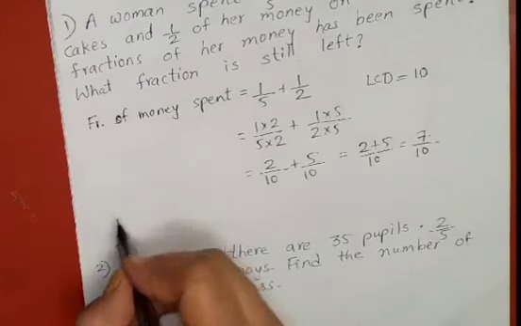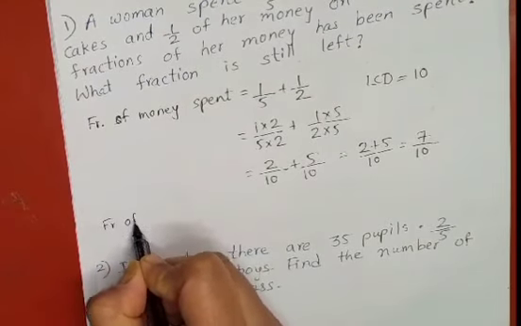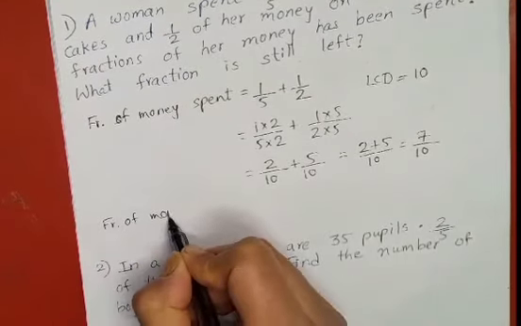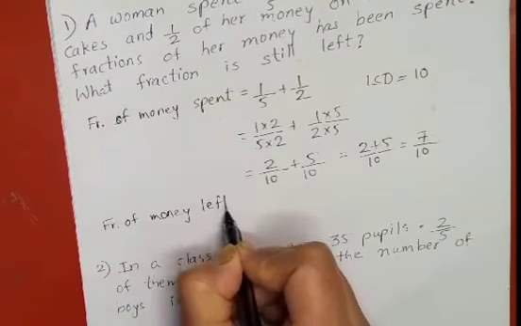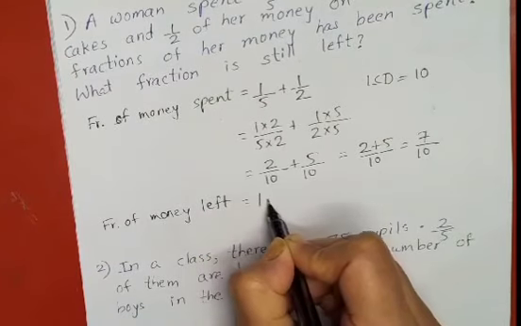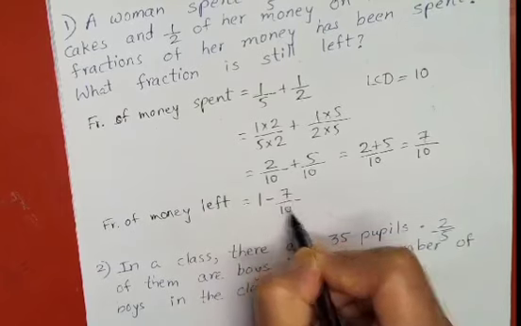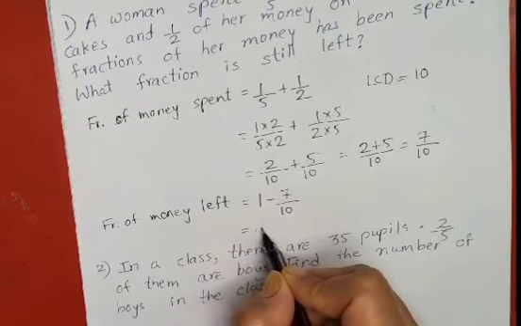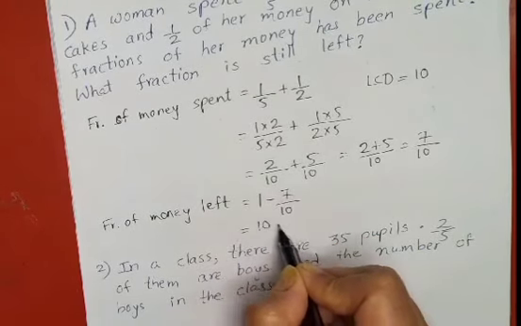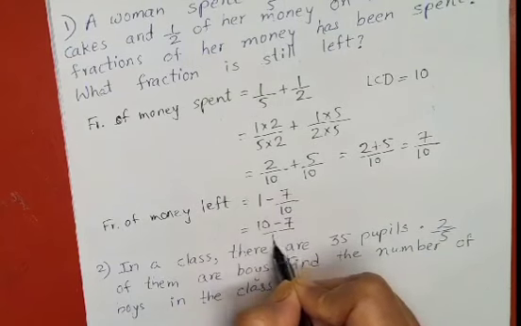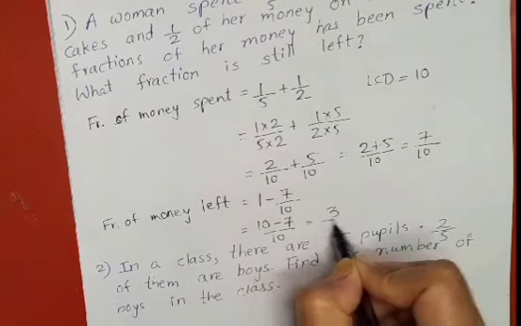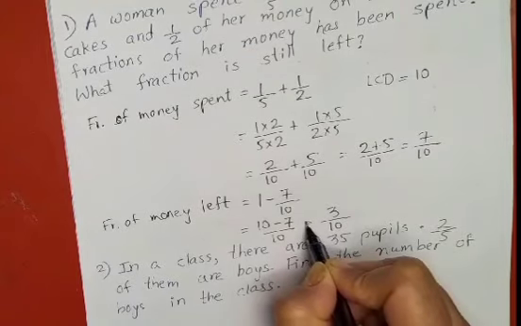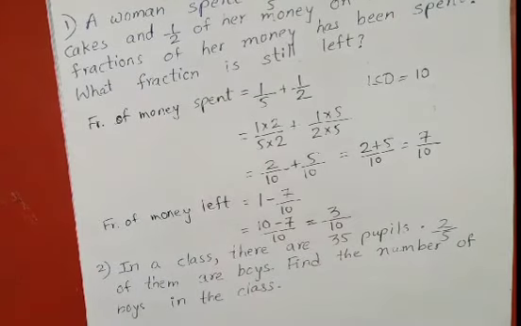Now, the fraction of money left will be 1 minus 7 over 10, which is equal to 10 minus 7 over 10. So 3 by 10 is left.